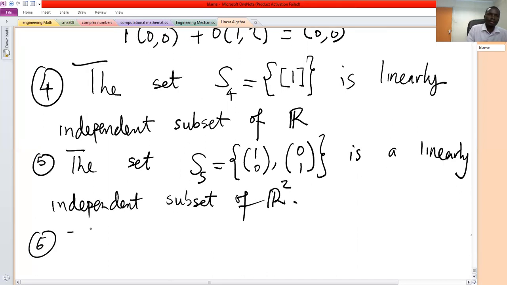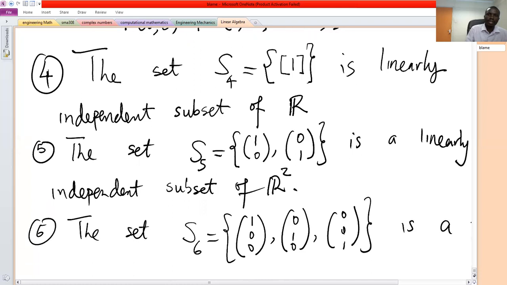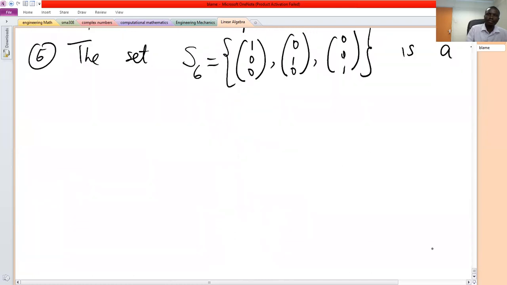Number 6, the set S6 given by these three vectors (1, 0, 0), (0, 1, 0), and (0, 0, 1) is a linearly independent subset of R3.